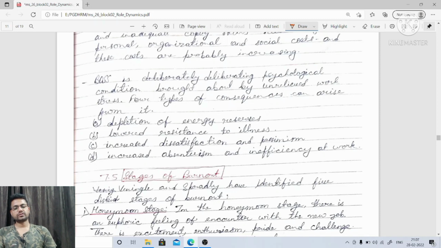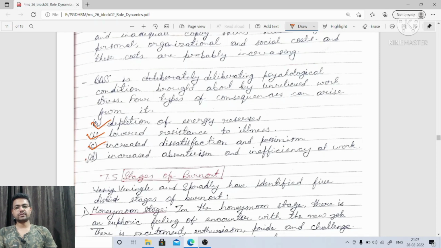So burnout stress syndrome is a debilitating psychological condition brought about by unrelieved work stress. If the work stress is not relieved, then it may cause burnout stress syndrome. Four types of consequences can arise from it. First, depletion of energy reserves. Second, lowered resistance to illness. Third, increased dissatisfaction and pessimism.